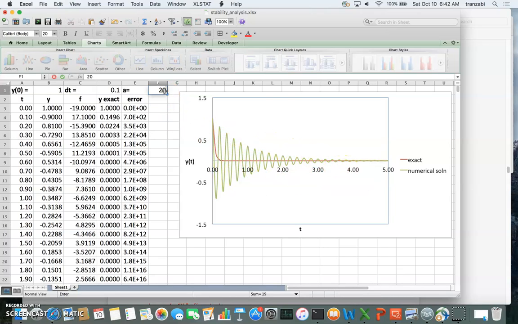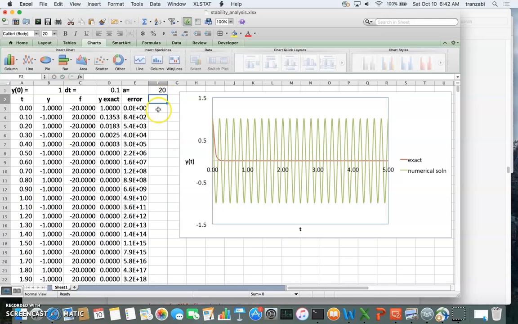And if I do 20, it goes all the way through and it never decays. So the green never decays to 0. And that's because a times dt is bigger than 1. So that's what I mean by unstable solution. Green is unstable. It never reaches 0 at long times, where the exact solution reaches 0 very quickly.